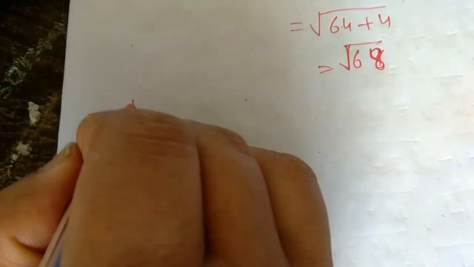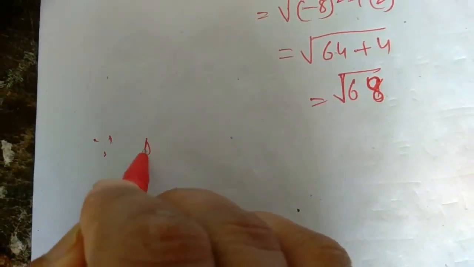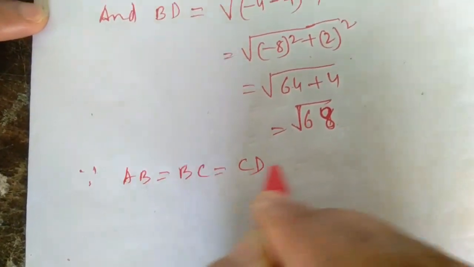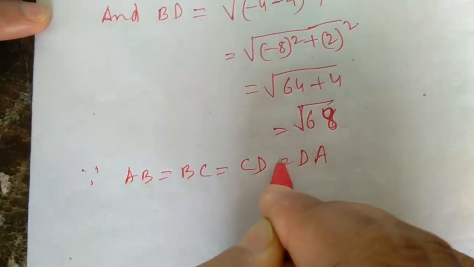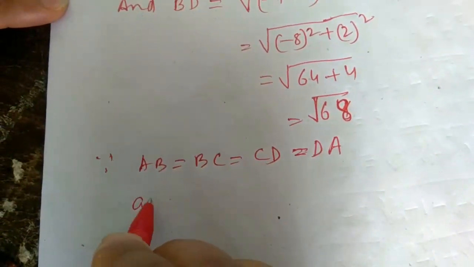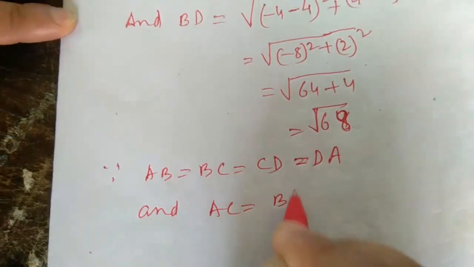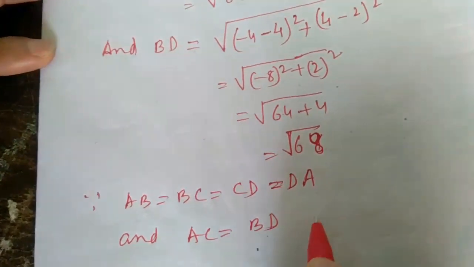Okay, so how to write now? Therefore, since AB equal to BC equal to CD equal to DA, that means all the sides are equal, and AC equal to BD means diagonals are also equal.